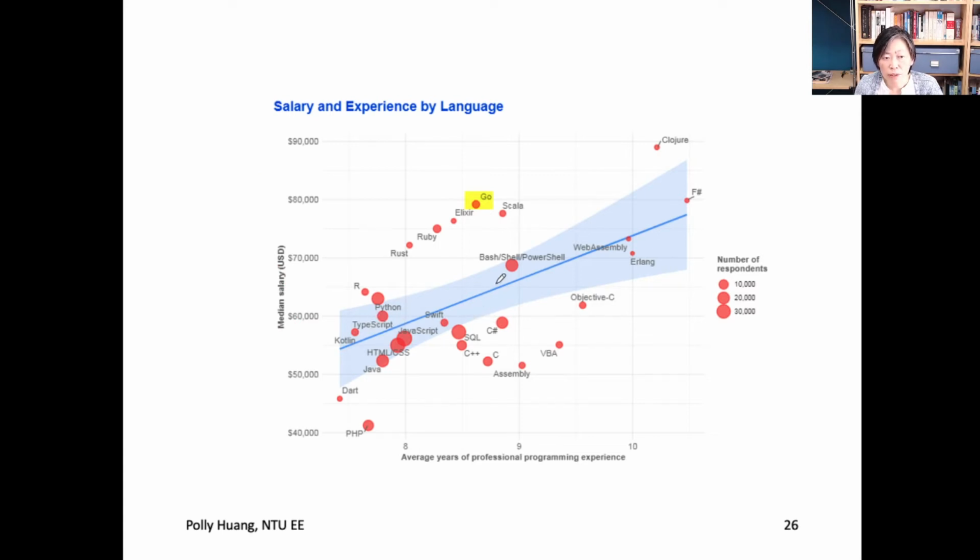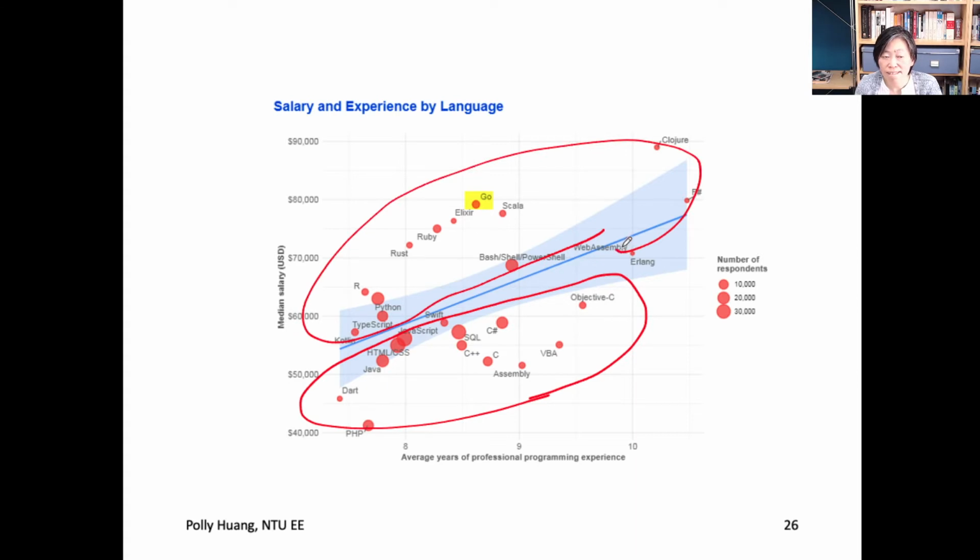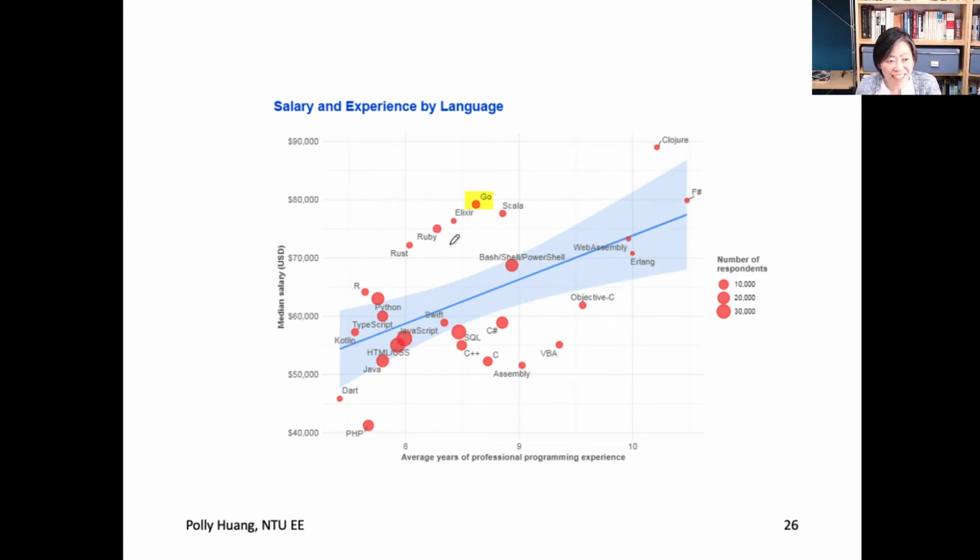So if you fall onto this blue line, then it's relatively fair. So usually if you have more experience, you do get paid more. Okay, but you see, these guys might have more years of experience, but don't necessarily get paid more for their experience. Okay, and these guys, however, don't need that many years of experience, but get paid more. Don't you just want to know what programming languages they're using?